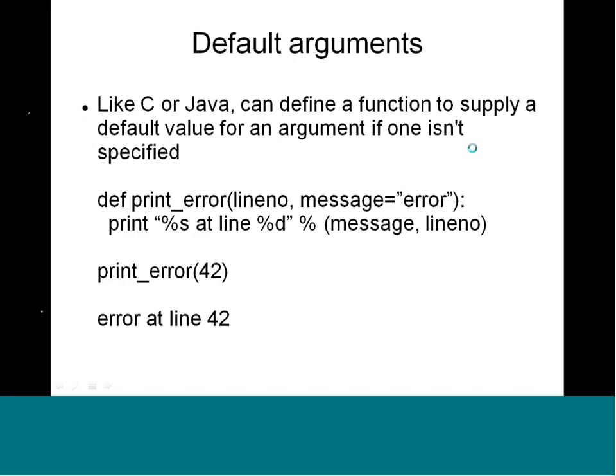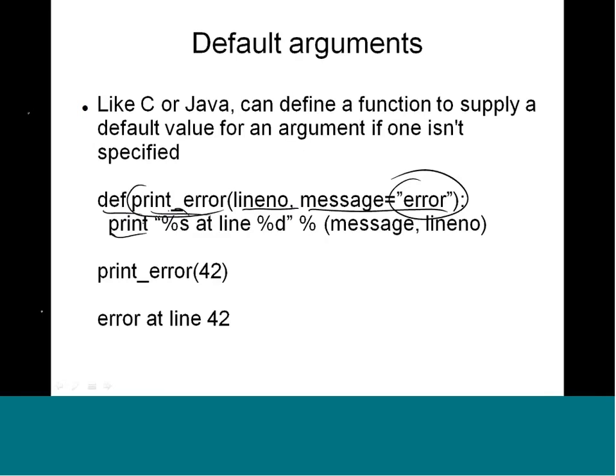So now some default arguments. Like in C and Java, we can define a function to supply the default value for an argument if one is not specified. So these are useful for printing out error messages and things like that. So here we have defined a function called print_error, and it gets a line number and some message, and the message is "error" already, like it is predefined here.